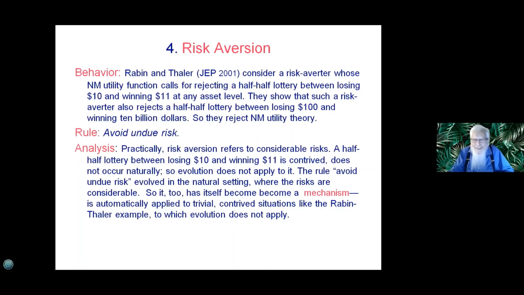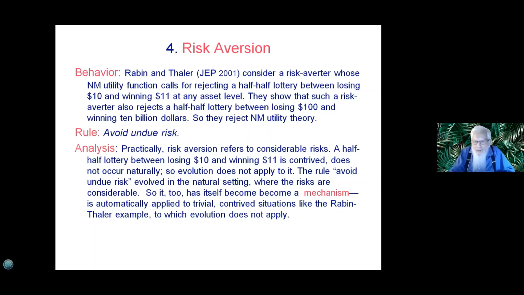We're not talking about $10 or $11. A half-half lottery between losing $10 and winning $11 is contrived. It doesn't occur naturally. This is obviously an experiment. People are not approached with that kind of bet, okay?